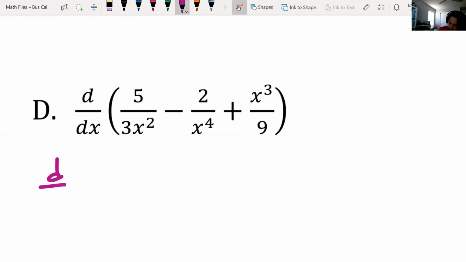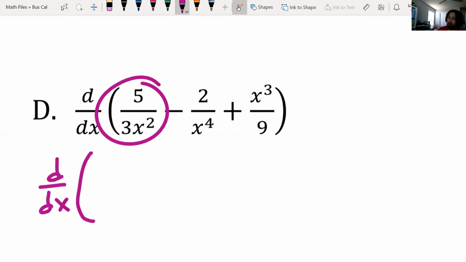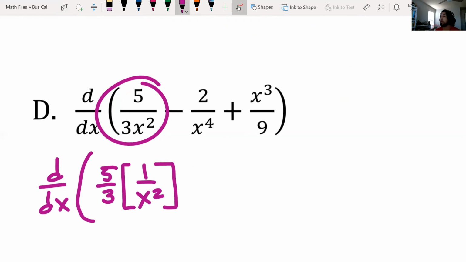So I'm going to rewrite it. I'll say d over dx of, and for the first term, 5/3x squared. I'm going to take that fraction of 5/3 out, and that'll leave me with 1/x squared, which we'll rewrite that in a second.